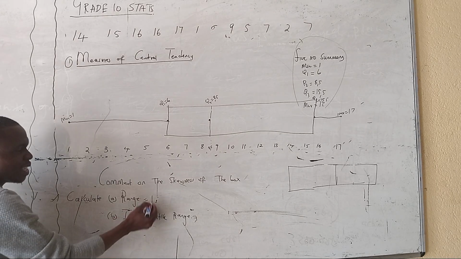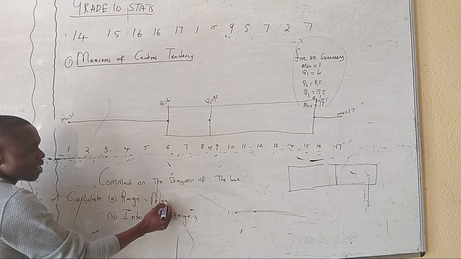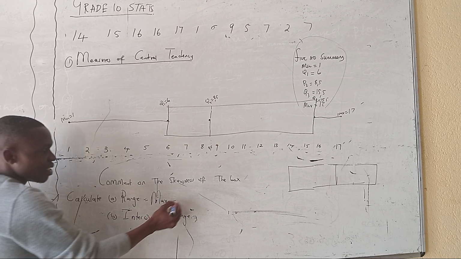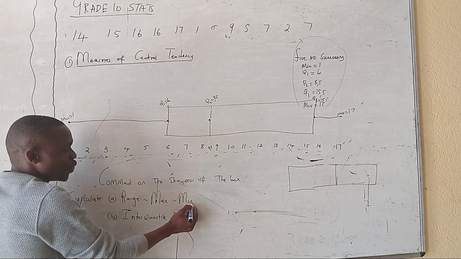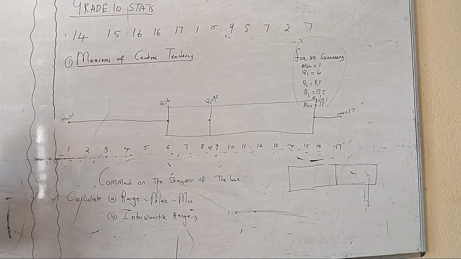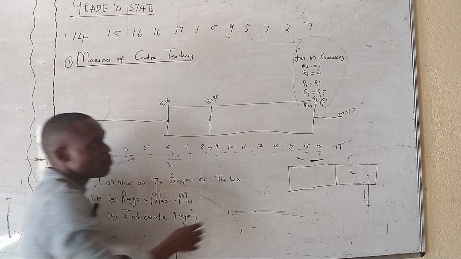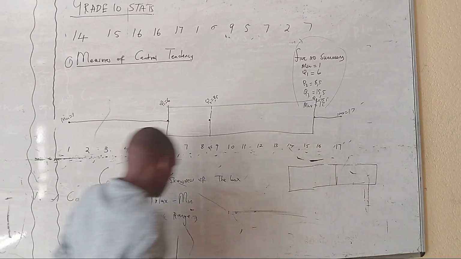So if you take the maximum and subtract the minimum, you get the range. The range is the difference between the highest value and the lowest value. What is the highest value when we look at the data? It's 17. We said the maximum value is 17.